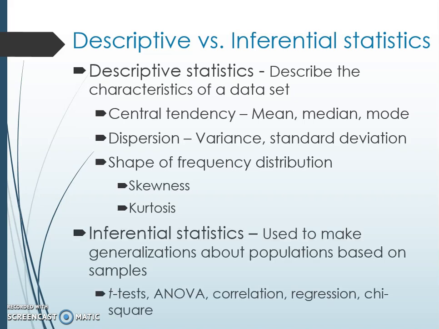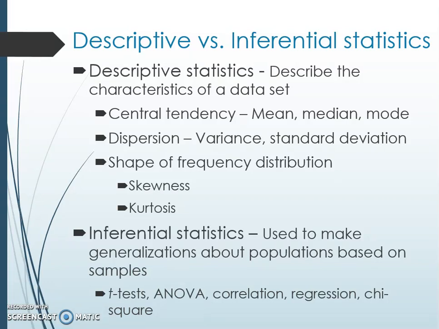So looking at inferential statistics, which is really where we're going to focus most of our attention for the rest of this course, these are used to make generalizations about populations based upon a sample. And as you know, when we do research, it's very uncustomary to have the entire population to analyze in order to take a look at some research questions that you might have.